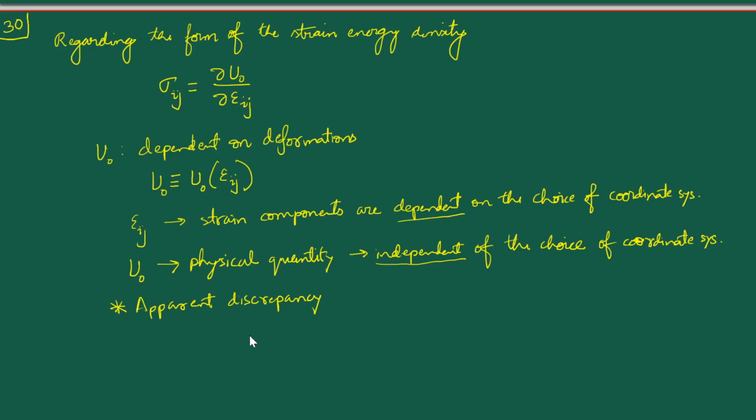In one of our live sessions that I had just today, I asked the question to the students, and very nicely, two of them came up with the answer. One of them said that suppose we require that u naught is dependent on the principal strains, because as we know, the principal strains are independent of the choice of the coordinate system.